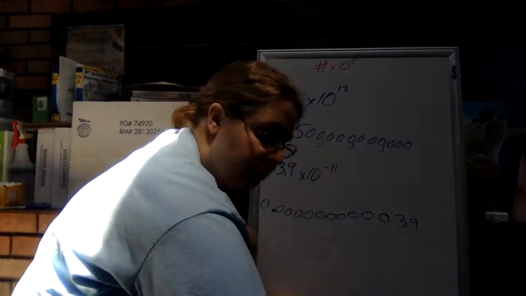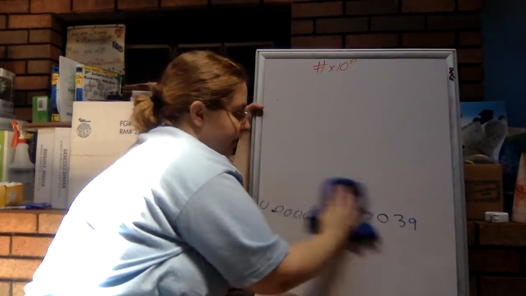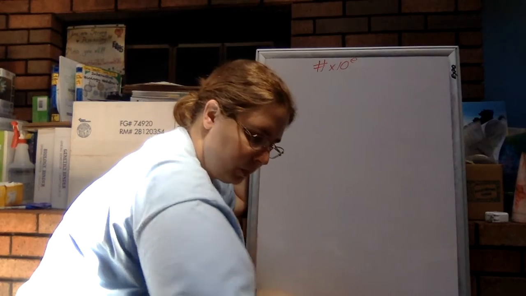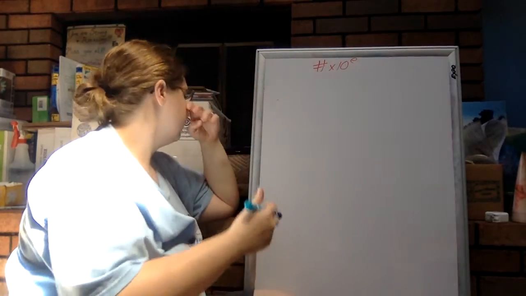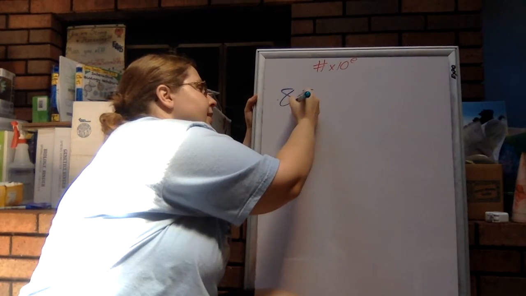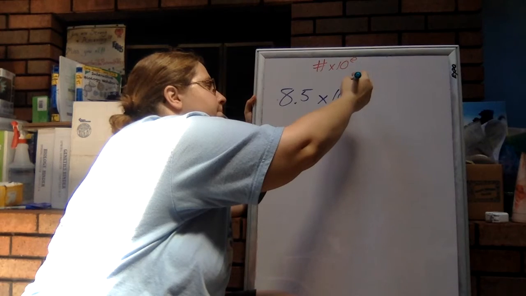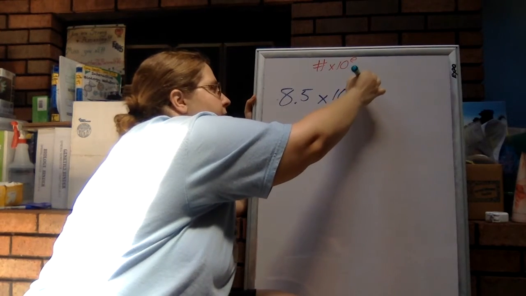Let's do one more example of each one of these, positive and negative, and then we'll call it a day. So we have 8.5 times 10 to the 15th. Why not?